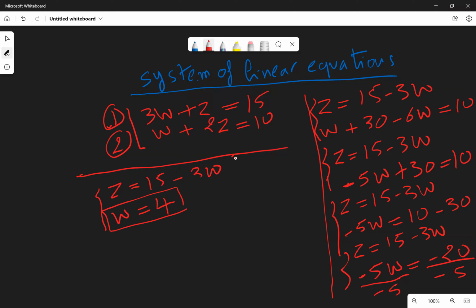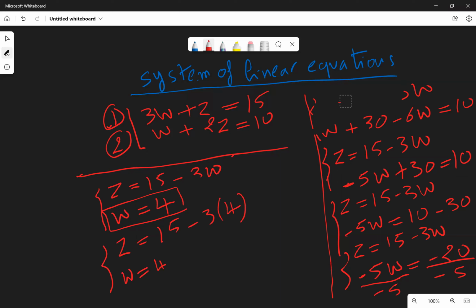Now we substitute 4 for w in the first equation. Remember, this is the first equation, so we go back to it and substitute 4 for w. We get z equals 15 minus 3 times w, which is 4. And here w equals 4. Don't forget to write that down.